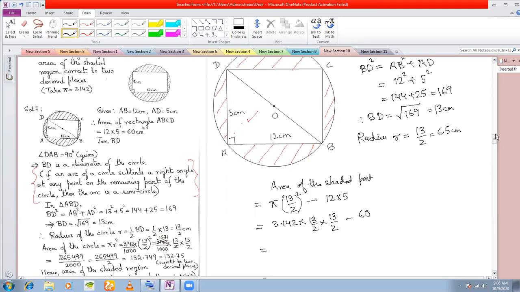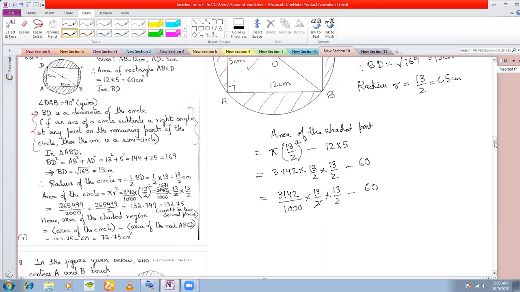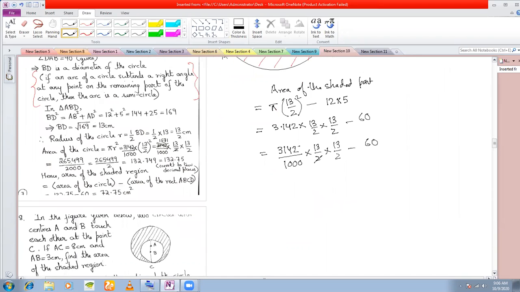Now how do you calculate this? You convert 3.142 to a fraction. This has 3142 divided by 1000 into 13 by 2 into 13 by 2 minus 60. So you can cancel this now with 1571.